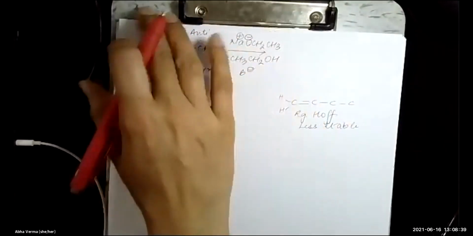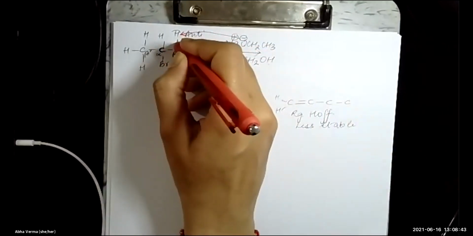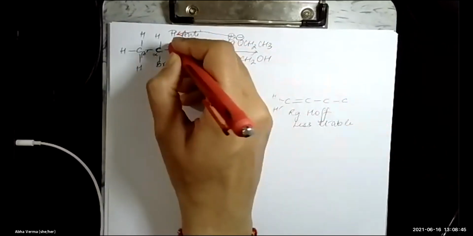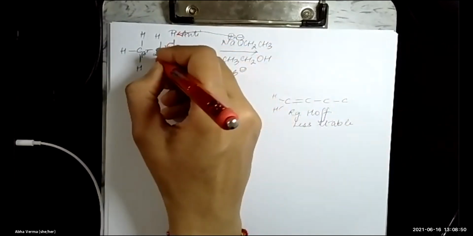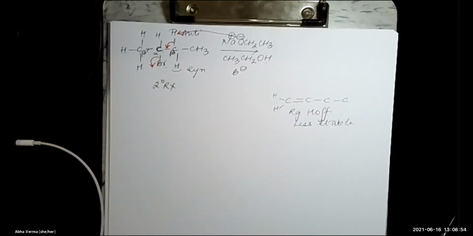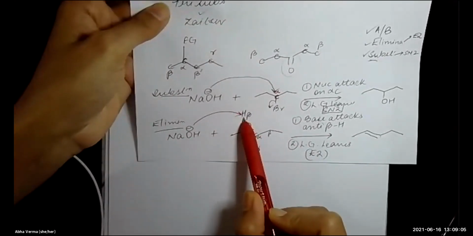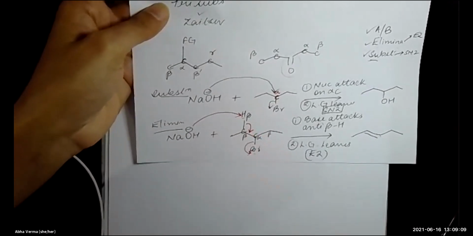So you are going to have this base, it abstracts out this hydrogen, the hydrogen carbon bond breaks, and the leaving group leaves. So this is the exact mechanism that we had looked at for the E2 elimination. Base abstracts a hydrogen, the hydrogen carbon bond breaks, the leaving group leaves.